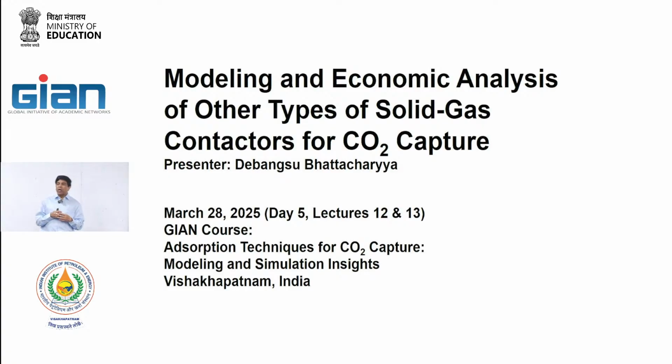It's because there are a lot of things which we do not currently understand in terms of the mechanism for the mass transport, heat transfer, kinetics, and all of that. And the purpose of all these different types of contactors is basically to get rid of those limitations. So the point to always keep in mind is that the only thing we are trying to do by designing this contactor is taking us closer to the isotherm.